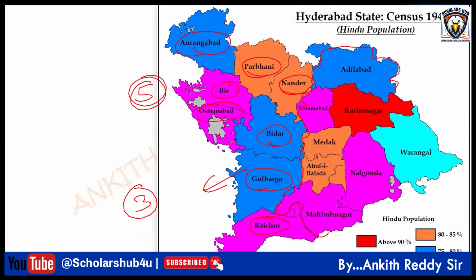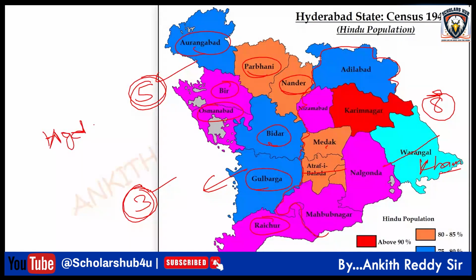Back then, Telangana districts were 1, 2, 3, 4, 5, 6, 7, 8. Later, Hyderabad was divided into Rangareddy and Hyderabad, and Warangal was divided into Warangal and Khammam. So 8 districts of Telangana, 5 districts of Maharashtra, and 3 districts of Karnataka were part of Hyderabad state.